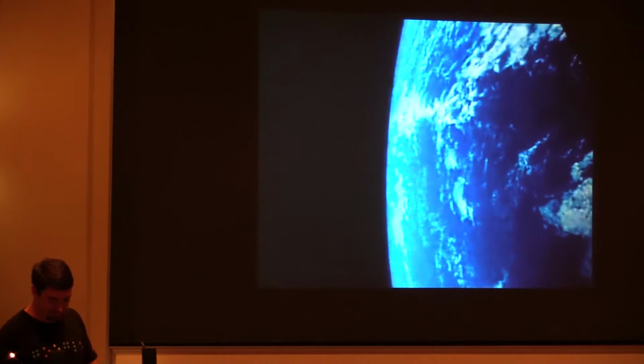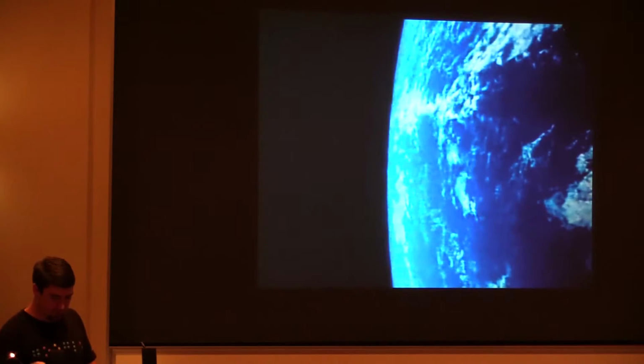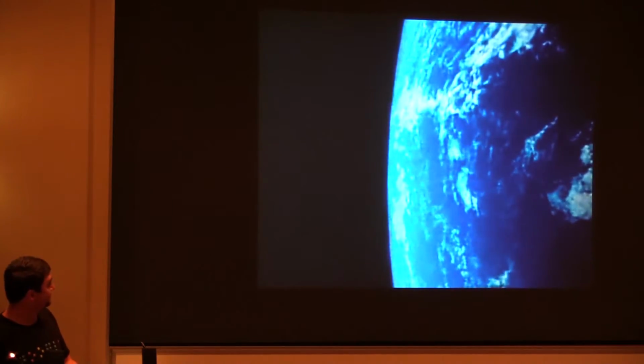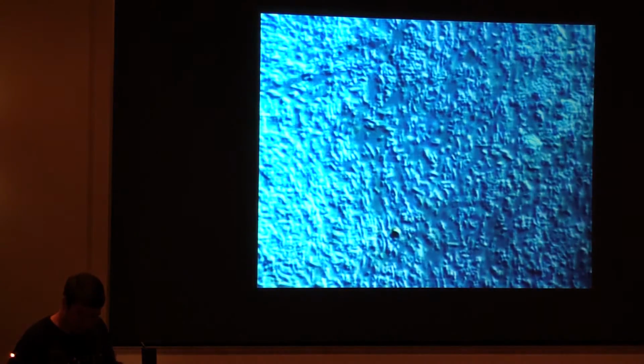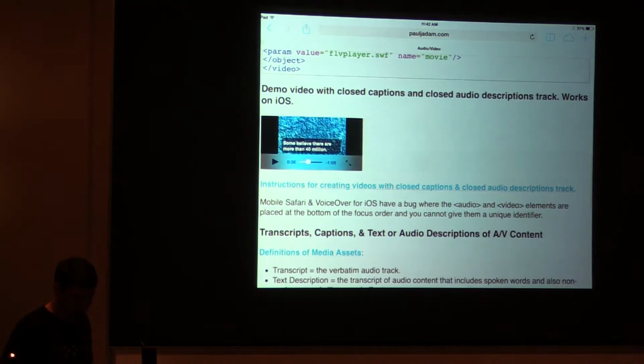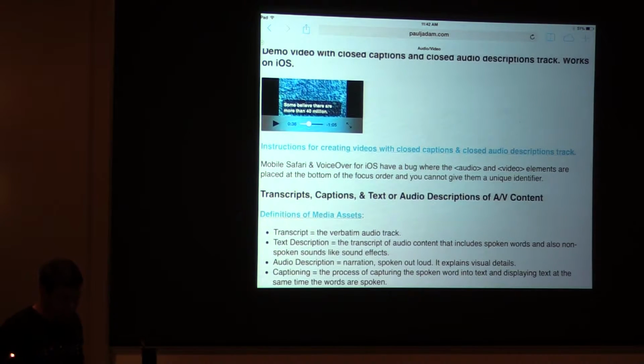Might be a bug. Maybe because I'm connected to the projector. Okay, but you heard the audio description, so that was cool. Oh, there's the caption. It didn't have full screen for some reason. I have instructions for how you can create a video like this.